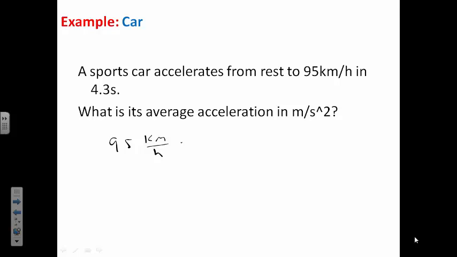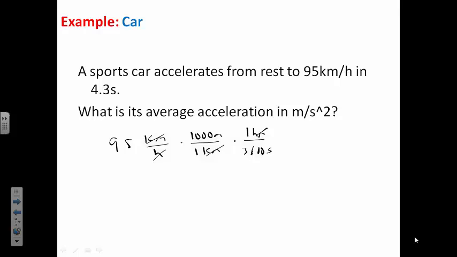To convert this, we know that in 1 kilometer there are 1,000 meters. This allows us to cancel our kilometers. And we also know that in 1 hour there are 3,600 seconds, and this allows us to cancel our hour. So we can do our conversion.